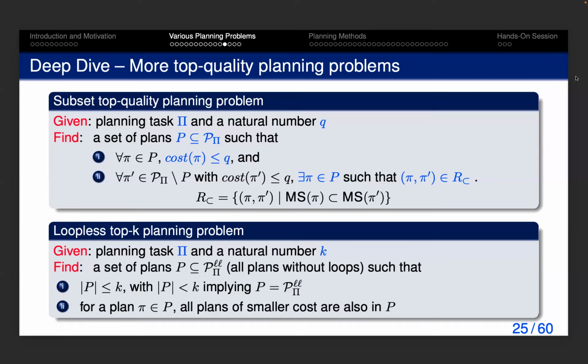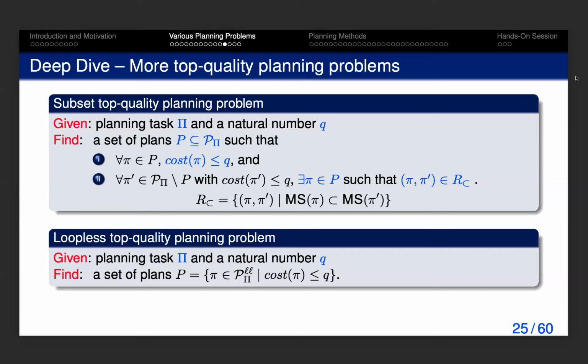I've shown loopless top K. This is the loopless top quality planning problem. So basically, as I said, the same, replacing the P pi with PLL pi, which is the set of all loopless plans.